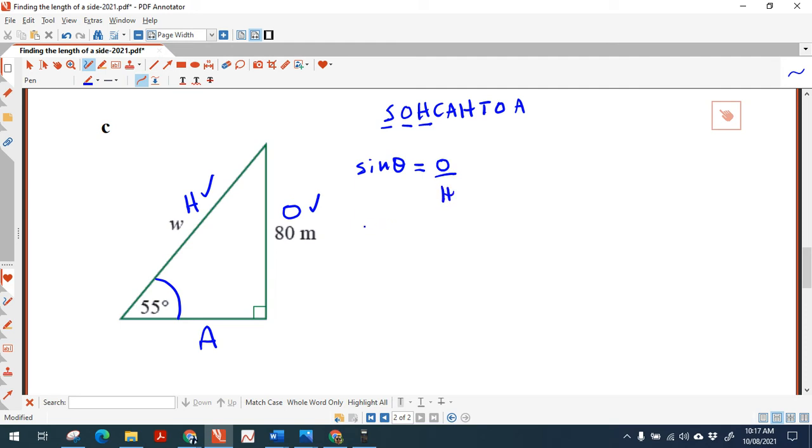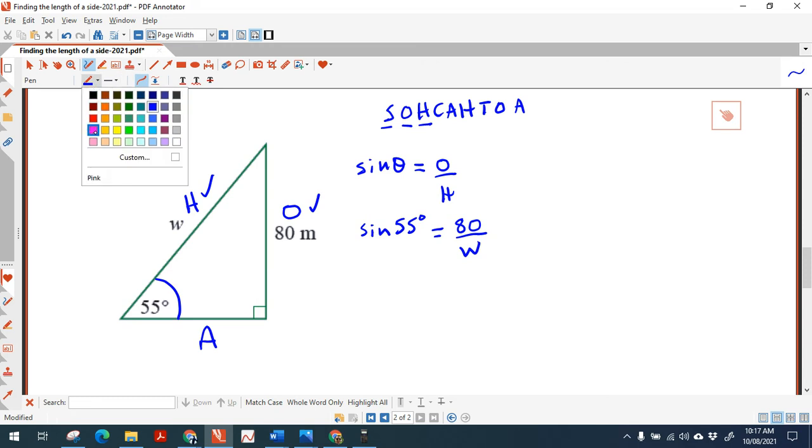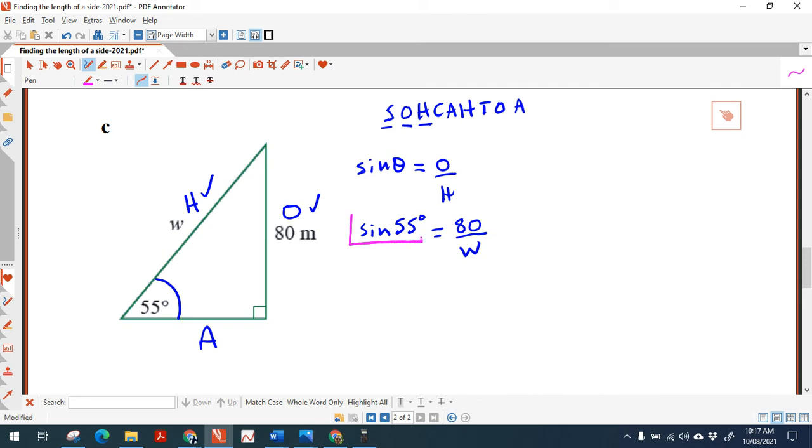All right, now replace the angles. So you got sine 55 degrees is equal to the opposite side, which is 80 over W. Okay, now notice the pronumeral is on the bottom here. Now I'm going to show you a little shortcut to use. So when the pronumeral is on the bottom, you do a little shortcut to make the working out easier.